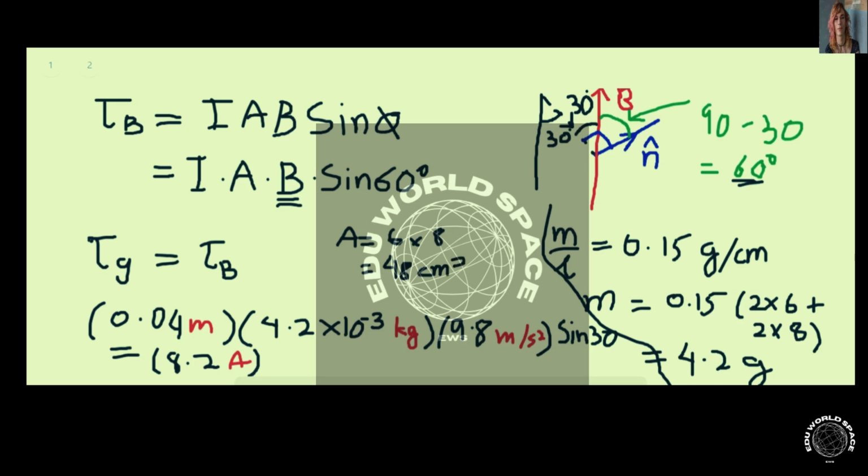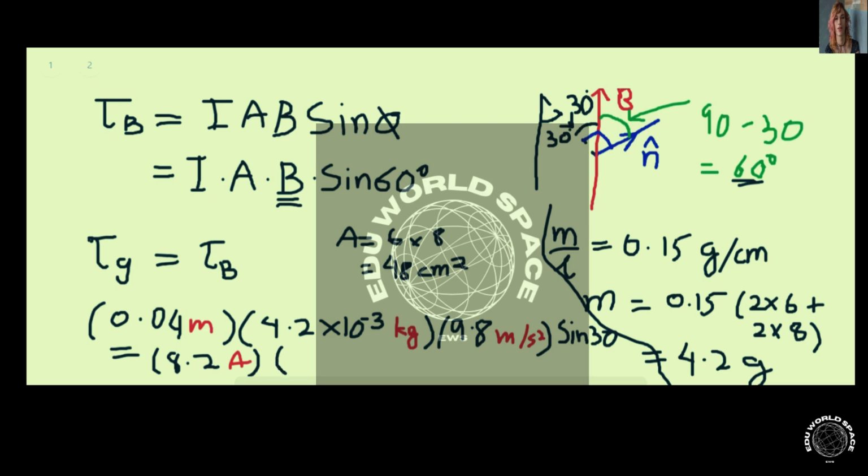And again, I should use the right units. So in order to convert centimeter squared to meter squared, I divide by 100 twice, once for 1 centimeter and then again for the second centimeter. So I divide by 100 squared.